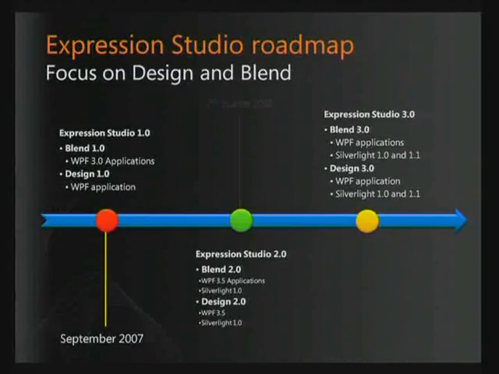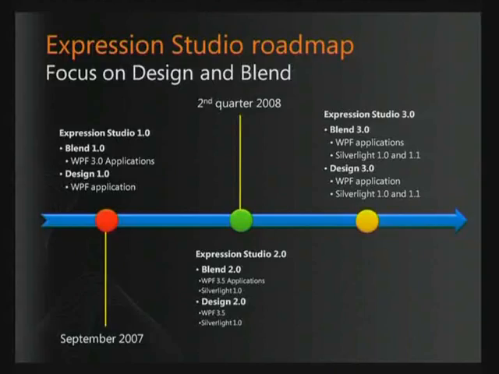We will have a next version, Expression 2.0, next year in the second quarter. In Expression Studio 2.0, we will have Blend 2.0 for Silverlight 1.0 applications and WPF applications. And Expression Design will also be synchronized with Blend, and you will generate content for WPF 3.5 and Silverlight 1.0.